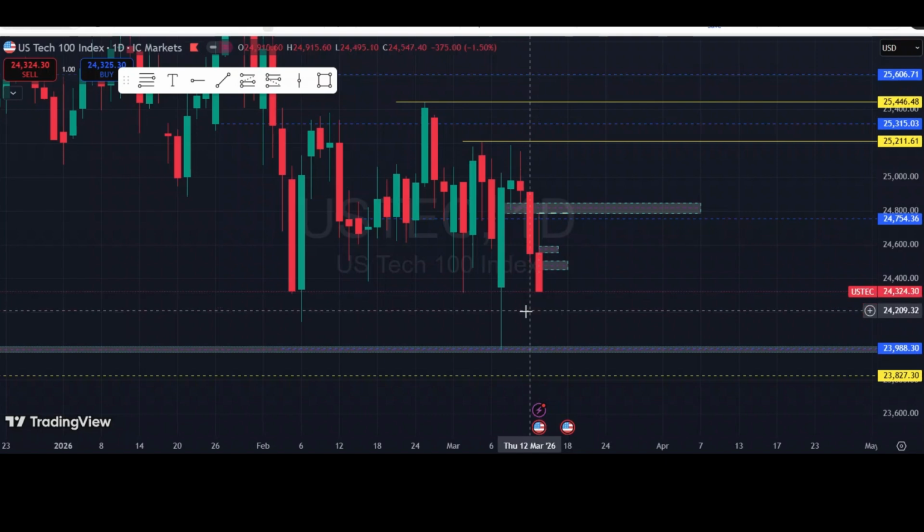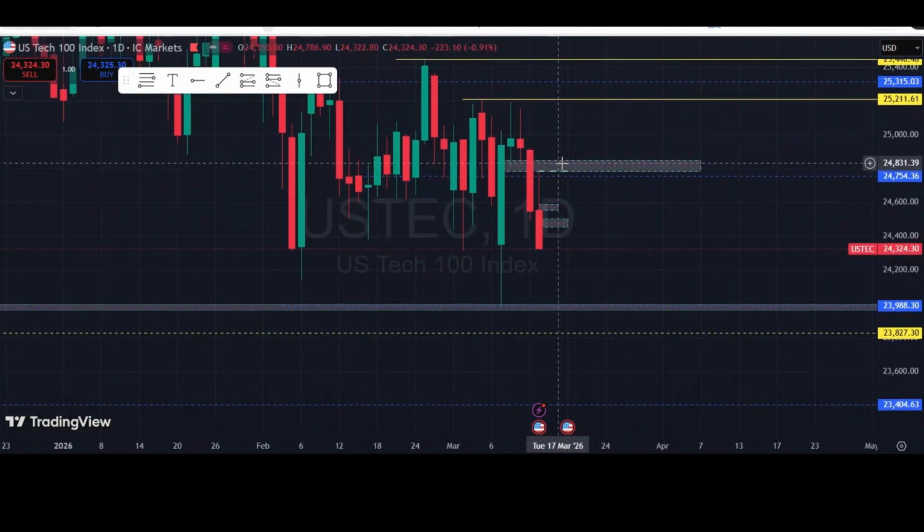So the question is, where is the price likely to be drawn to? First, we'll see that it created a fair value gap on the upside also. So the market is likely to draw back to this particular low, which is also a fair value gap.